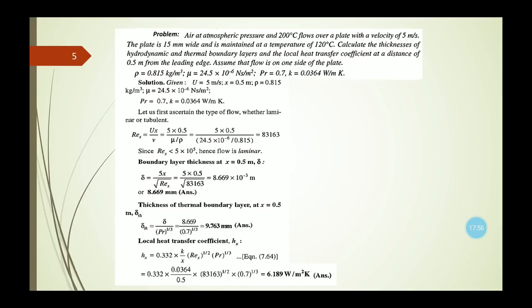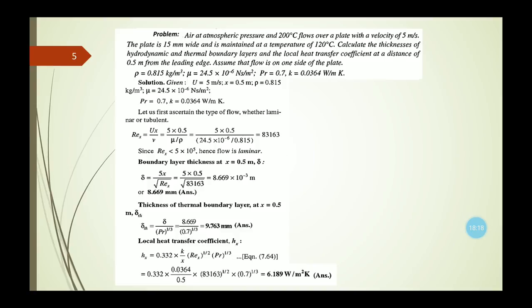Now this formula we have discussed today, and we also got this formula in the last lecture. The formula for the local heat transfer coefficient is Hx = 0.332 (k/x) Re^(1/2) Pr^(1/3).